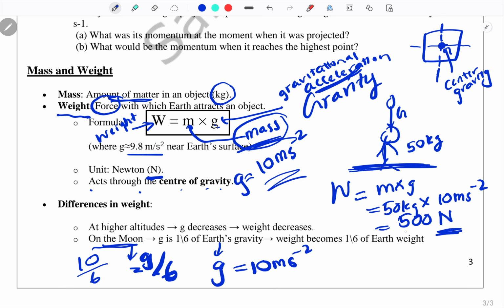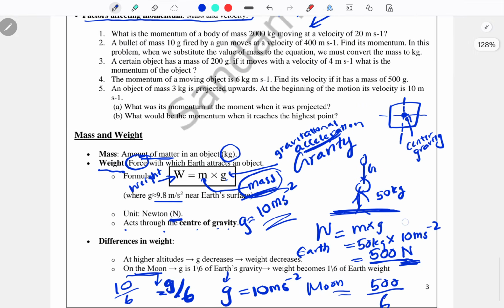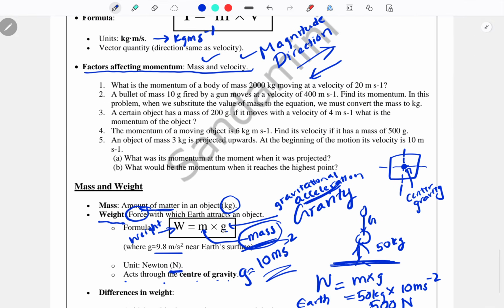So if your weight is 500 Newton here on earth, what is it on the moon? On the moon, 500 divided by 6, right? This is the way. If you know all these, you can easily do the sums here also.